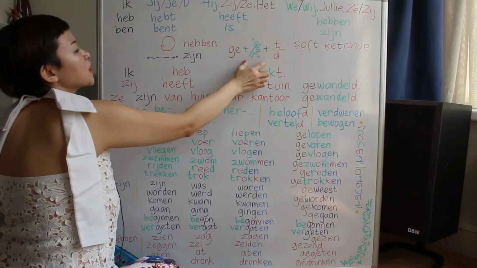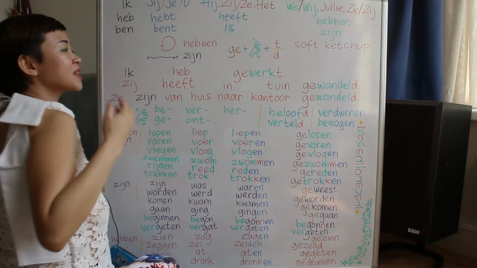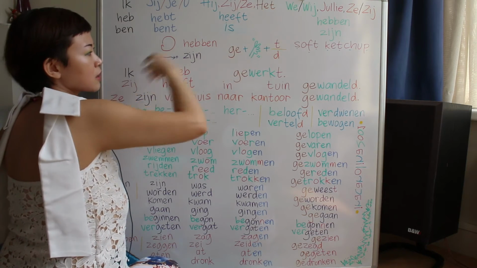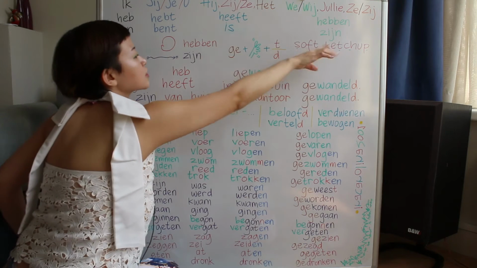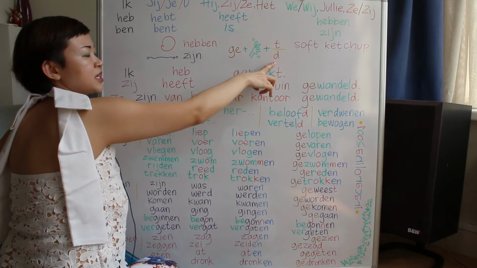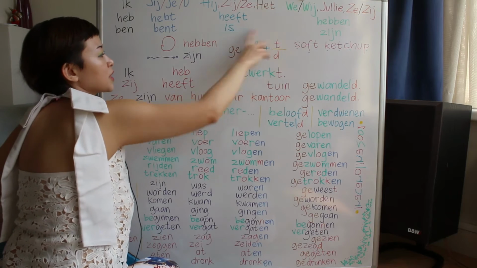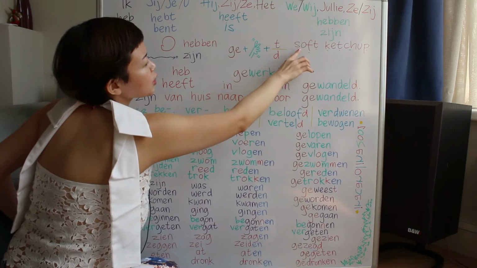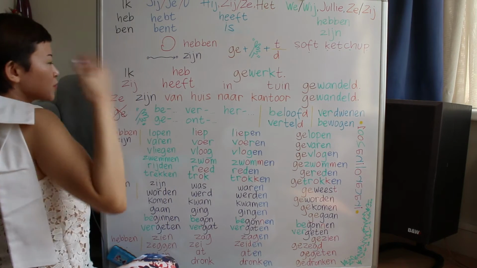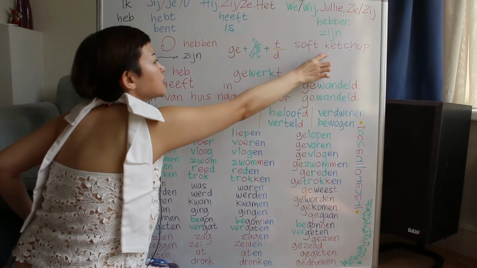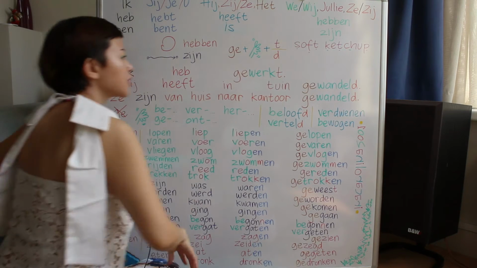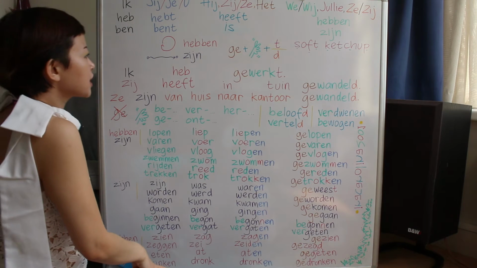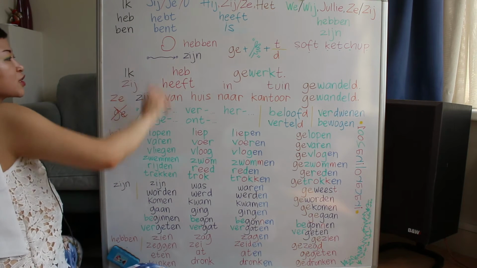So, ge, verb, and T. But if the verb ends with another letter, not these, you put the D at the end to make the word. Yeah, we learn soft ketchup to remember it: FTKTCHNP. We will put it in a sentence later.